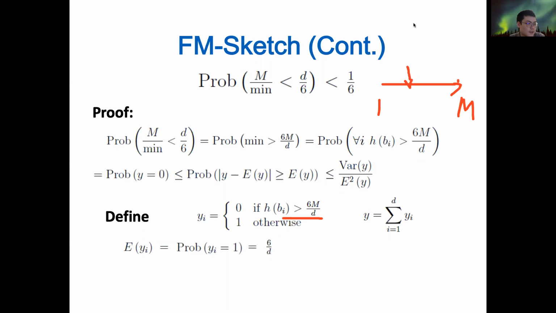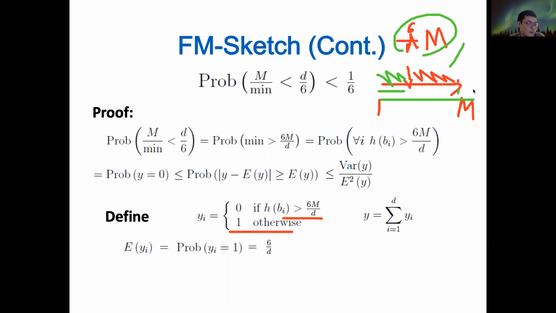This value is 6 by d. So if you're larger than that, it means you are here. So it's 1, otherwise, which means you are here. So the probability you are here compared with this is really 6 by dm divided by n. N can cancel. So this is 6 by d. I hope you can see how we derive this.